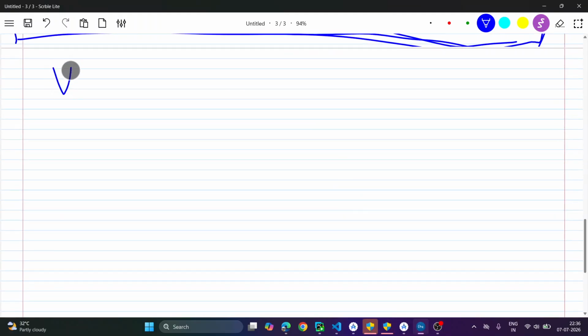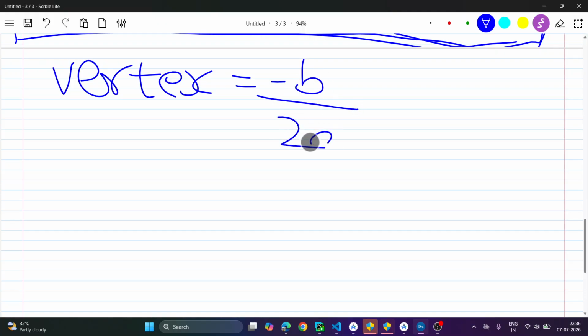Okay, so the vertex, I'll explain. The vertex equals minus b by 2a, comma, minus D by 4a. And there's something else, a formula we have.